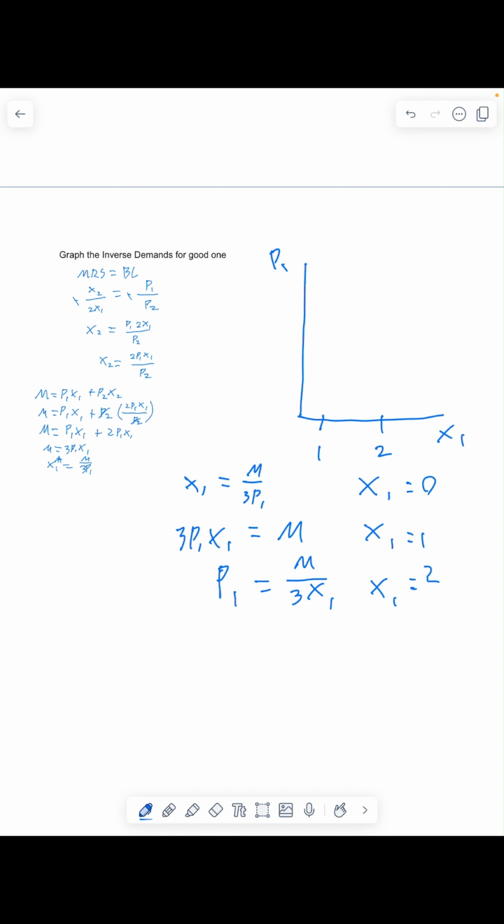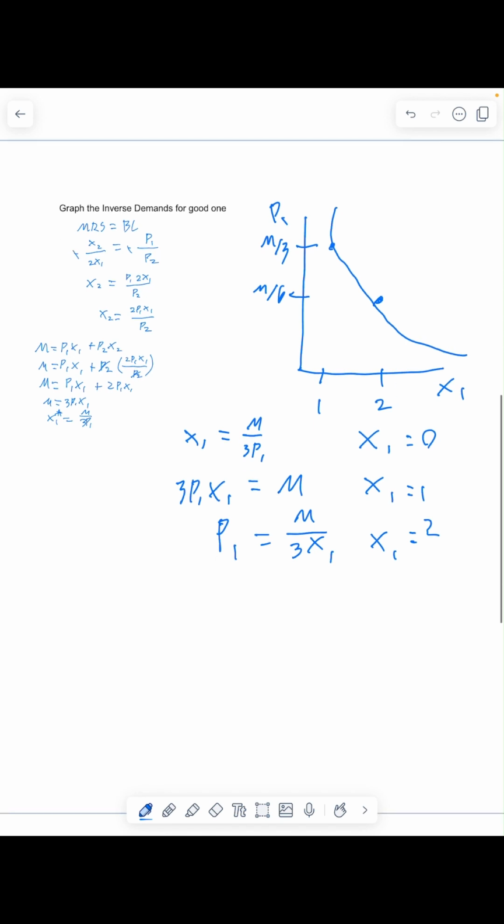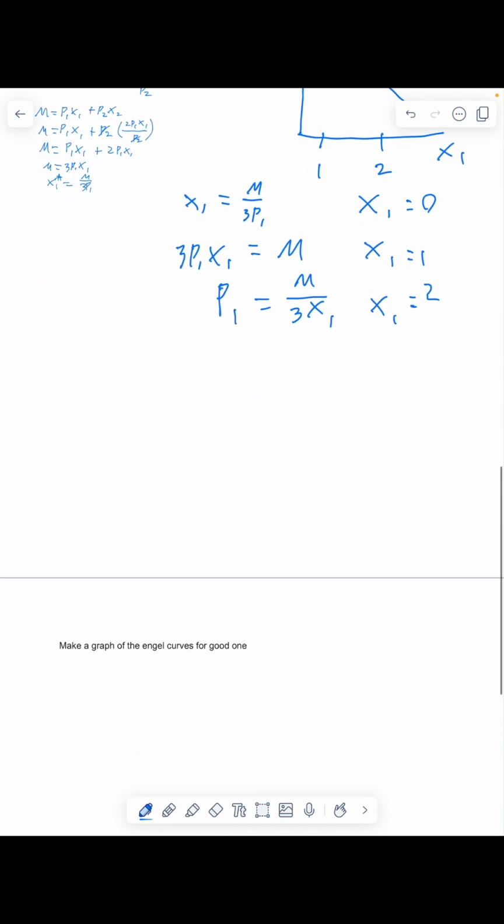Whereas if we plug in a 1, it's going to be the same thing as saying m over 3 times 1, which is just m over 3. And then if we plug in a 2, it would just be m over 6 because we're multiplying by 2. And our inverse demand would look something of this sort, where there would be an asymptote down here and it would never touch because it would always just get infinitely closer to 0. But it would never touch. So that's all it's asking there.